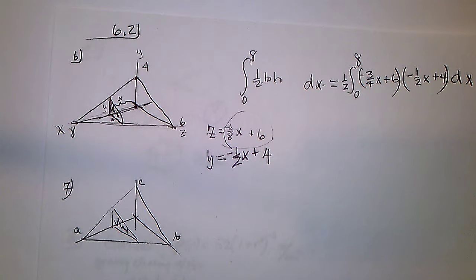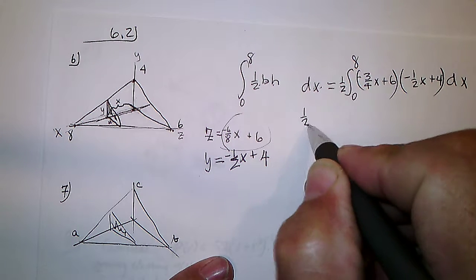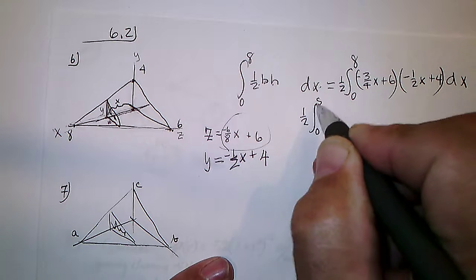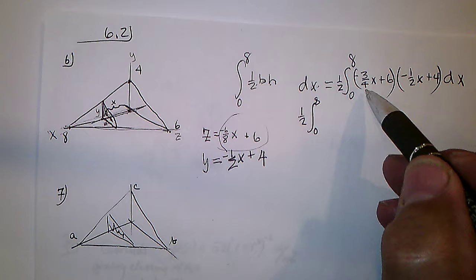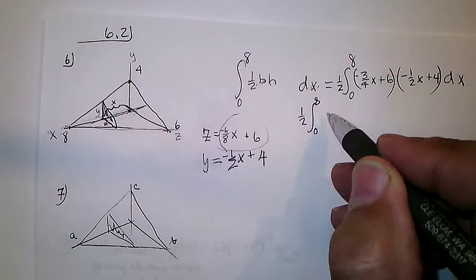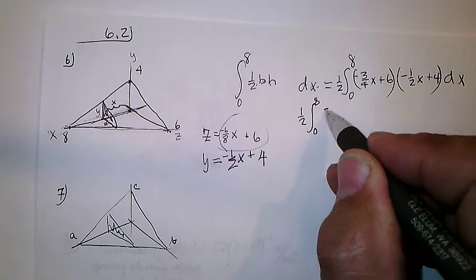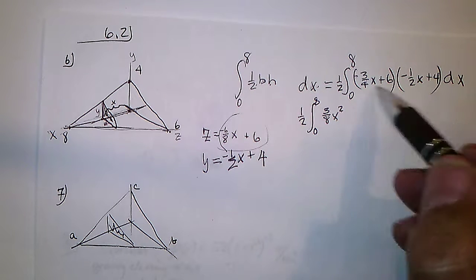Okay, now we're ready to integrate, except that those are multiplied, so we better multiply them. So we've got 1/2 integral from 0 to 8 of negative 3/4 x times negative 1/2 x, that's plus 3/8 x squared.